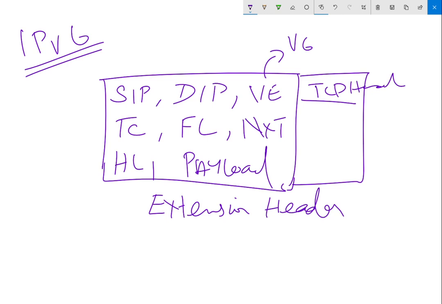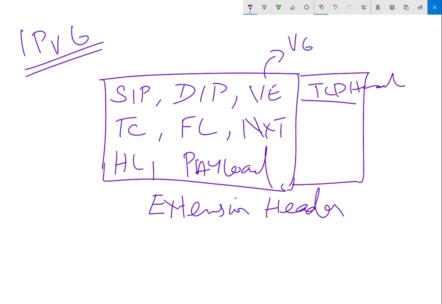So we are moving step by step, process by process. We are making action plans to move. It is taking a long time, no doubt about that. So what is IPv6? The main purpose of IPv6 is to mitigate all the problems and drawbacks which we are facing in a network with IPv4.